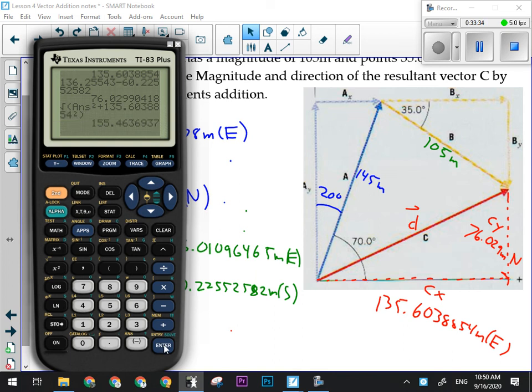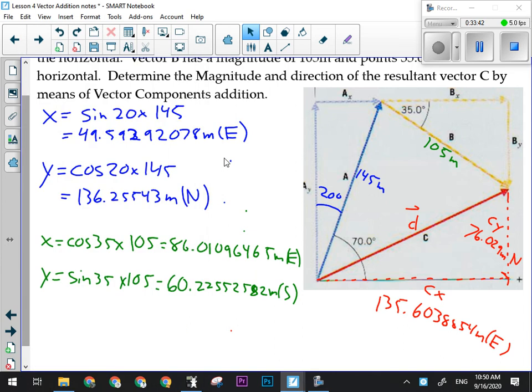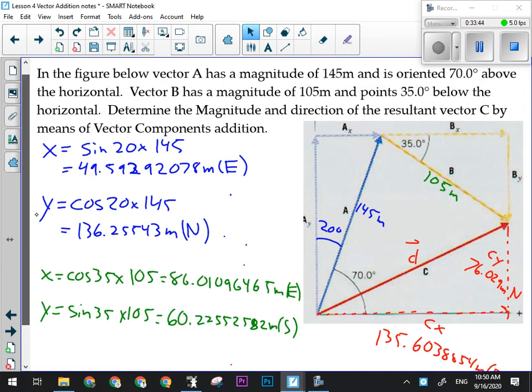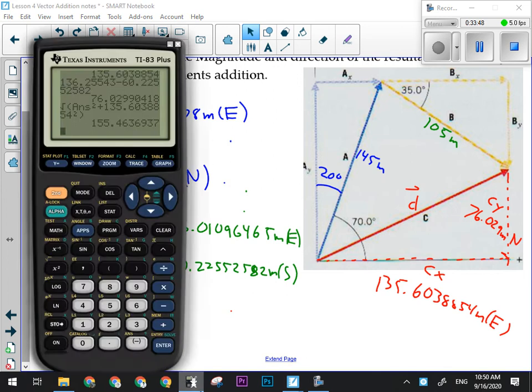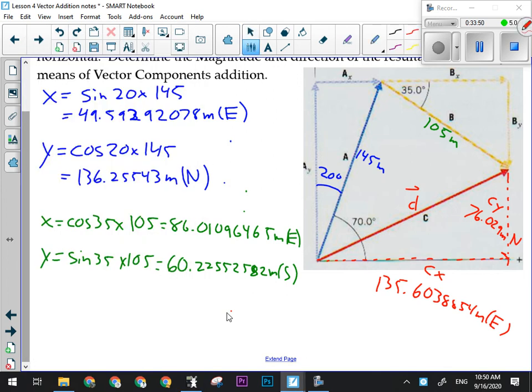All right, so we're getting a total here of 155.46. Now this question has 3 significant digits, I believe, for everything, right? Yes, it does. Okay, so we're going to keep the 155. So yeah, 155 meters.